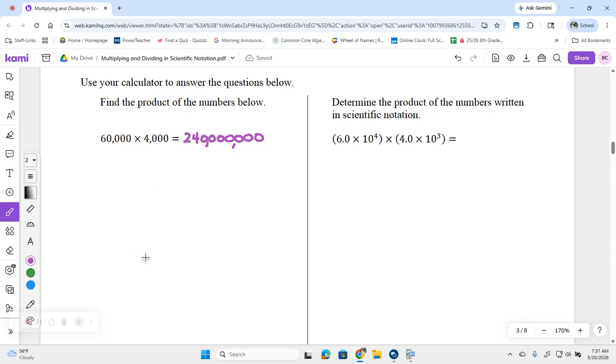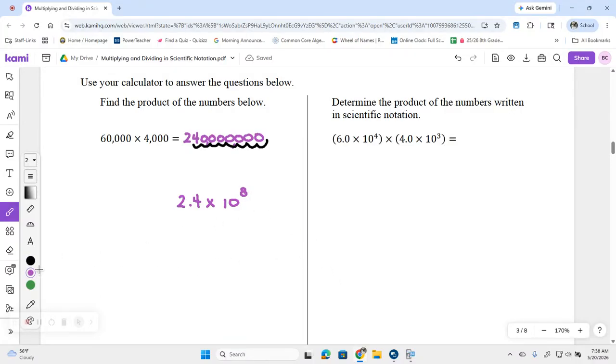So that is 240 billion. And if we convert that to scientific notation, 2.4 times 10 to the 8th power.